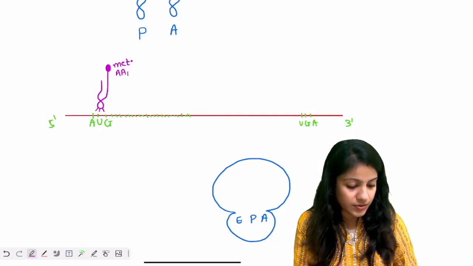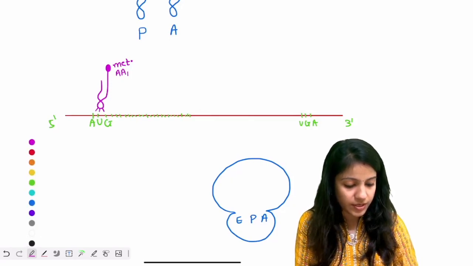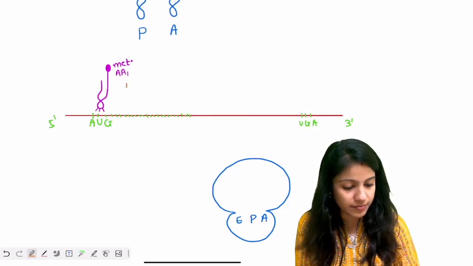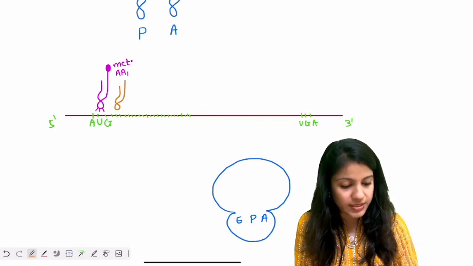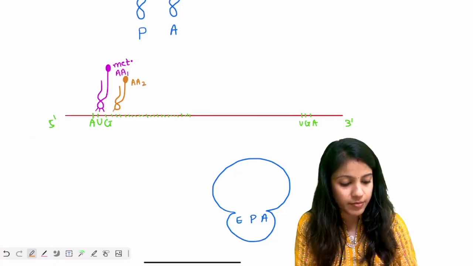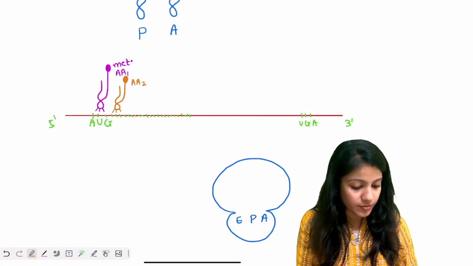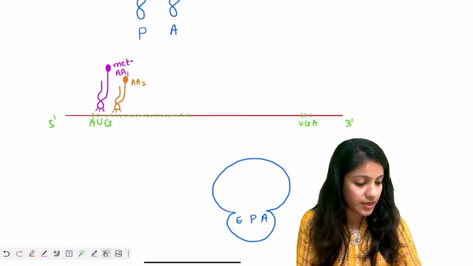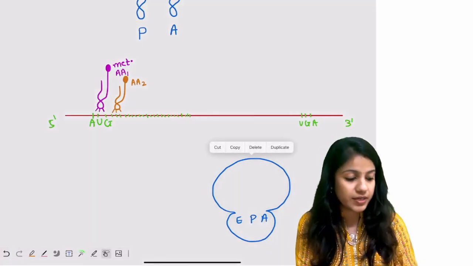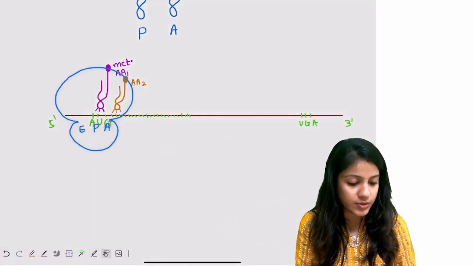Fine. Now the second amino acid, say for example, I'm drawing here, it came having the second amino acid, right? So I'm writing it as AA2, came and bound on this position. Now what will happen with the ribosome? Remember, the ribosome is already attached, and I have just separated it to show you clearly how it is working.